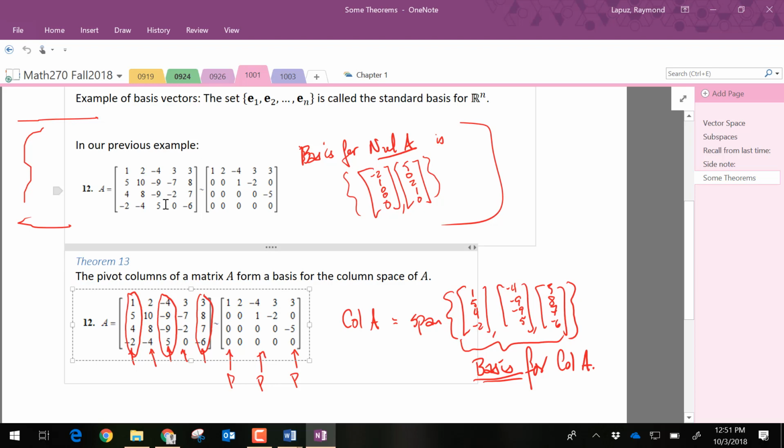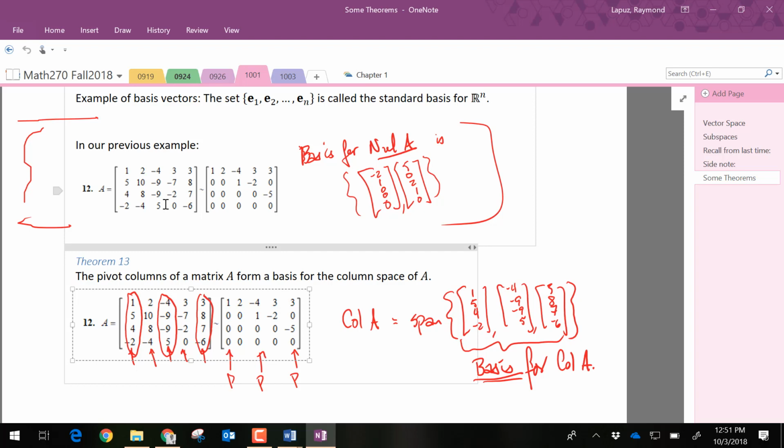So we have our example over here where we found the null space, and it turns out that one of the theorems tells us easily how to find the column space, easily after you've row reduced it. I suppose the row reducing part is going to be the more difficult part. The null space takes a little bit of work because you have to figure out the free variables and set up your equations.